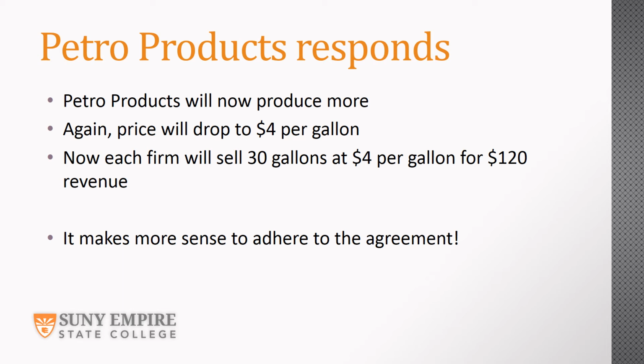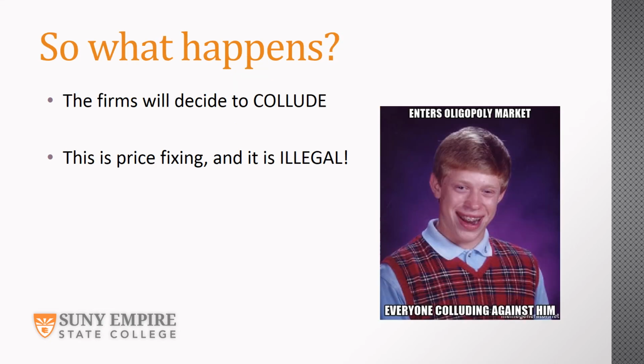Their revenue drops to $120 each. Therefore, it makes more sense for the companies to adhere to the original accord. This means that the companies will attempt to collude. However, this practice, called price fixing, is illegal in the United States.